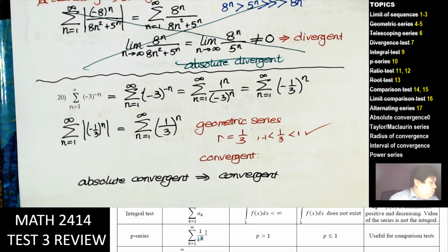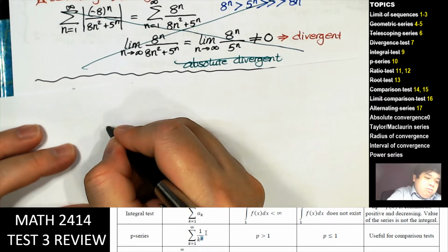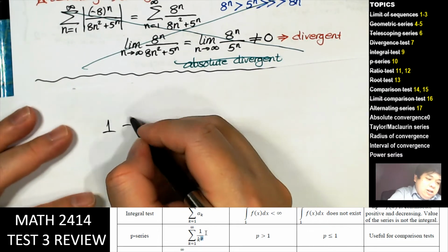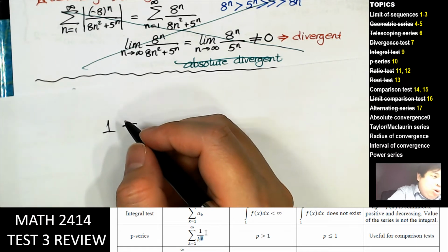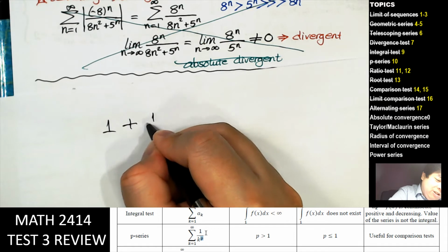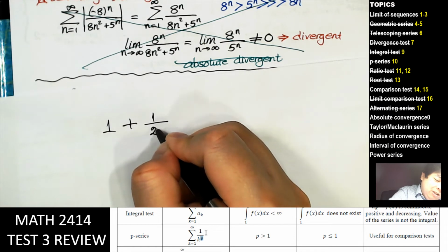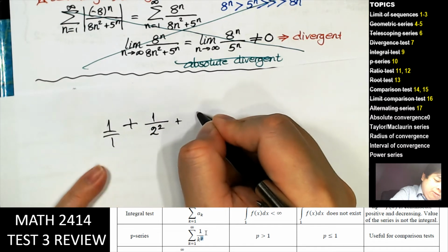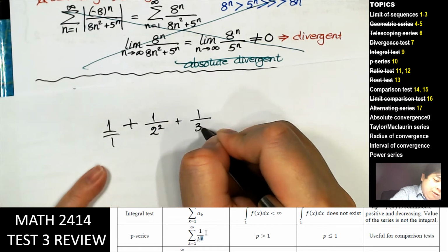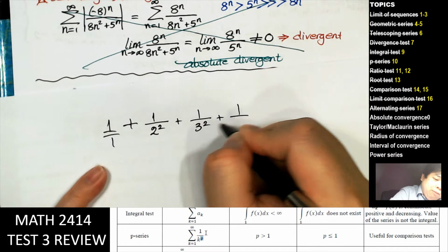let me have some paper. So let's say we just pick a P series when P is equal to 2, for example. So the P series, the power is the constant.